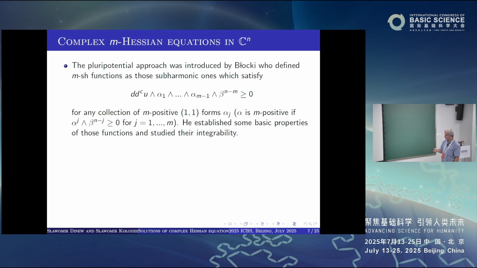In this definition, first you have to start with the bracket. So alpha is called an m-positive form if we have inequalities like this for j between 1 and m. And then, considering all such forms, we take this wedge product, and we require that this is true in the sense of currents, or in the sense of distribution theory.